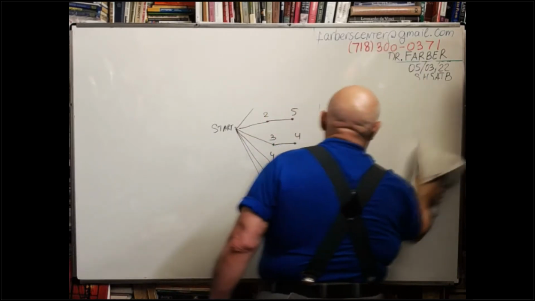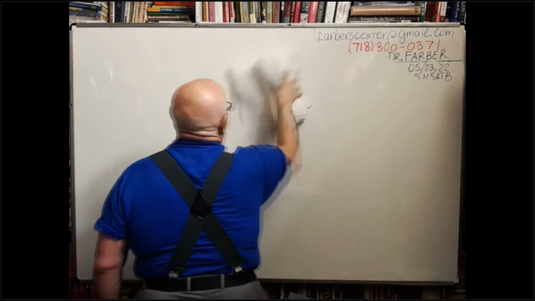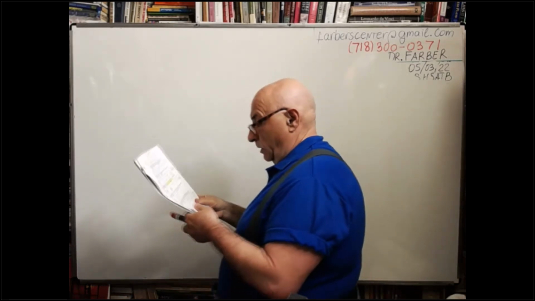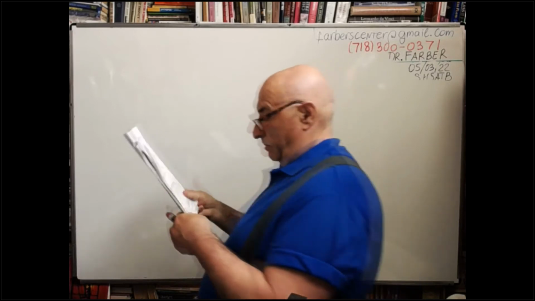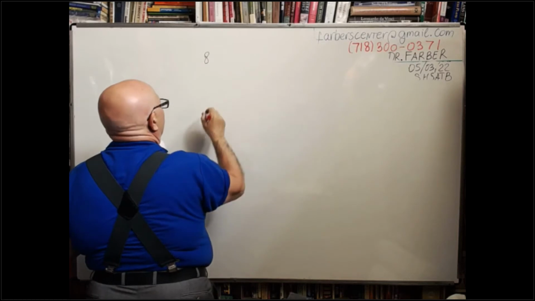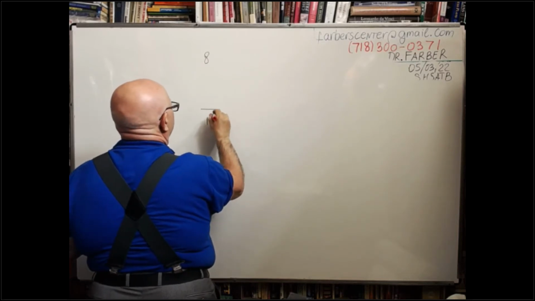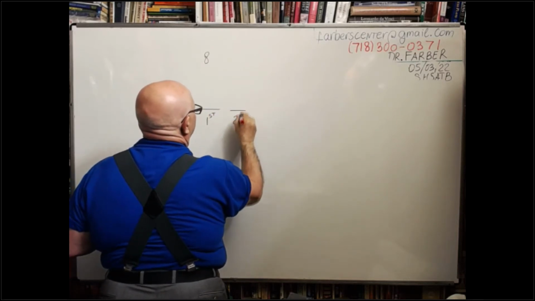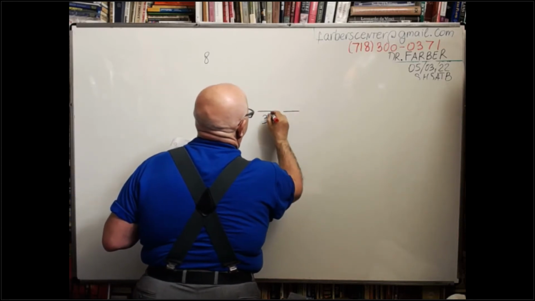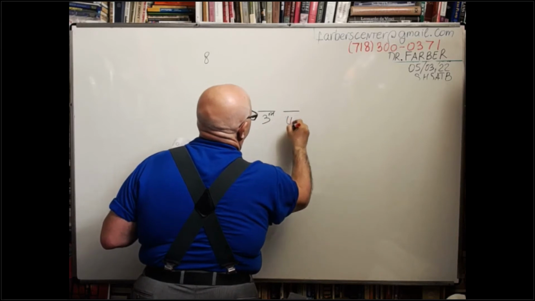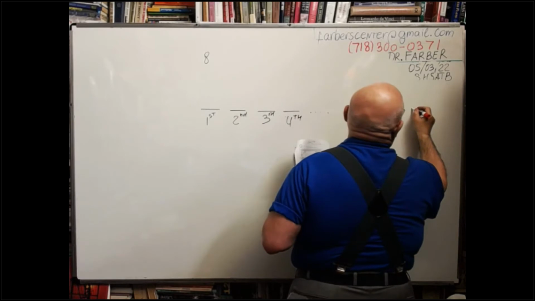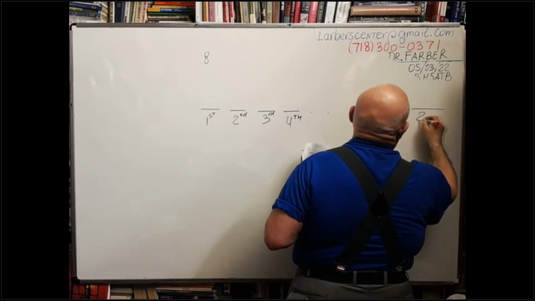Again, use the tree combination to solve this problem. 20 cards. This is number 8. Let's say this is the first, the second, the third card, the fourth, etc. And the last one, ellipsis, the 20th.